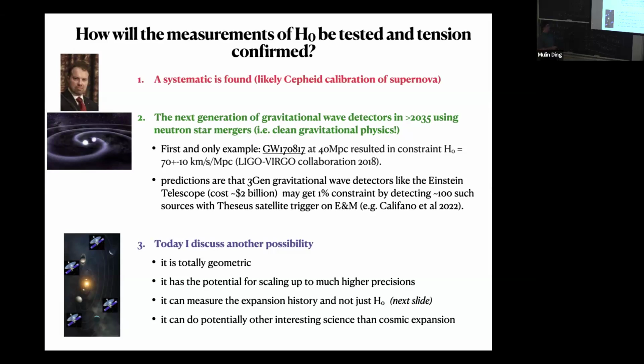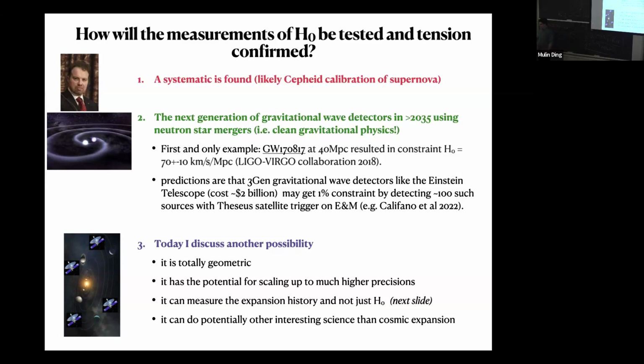But we think we were very lucky to have this event so close. It's unclear, even for the next generation of 3G gravitational wave detectors, how many of these events they will get, whether they will have enough with electromagnetic counterparts to really push to the 1% constraints that we have with the methods I was showing you.